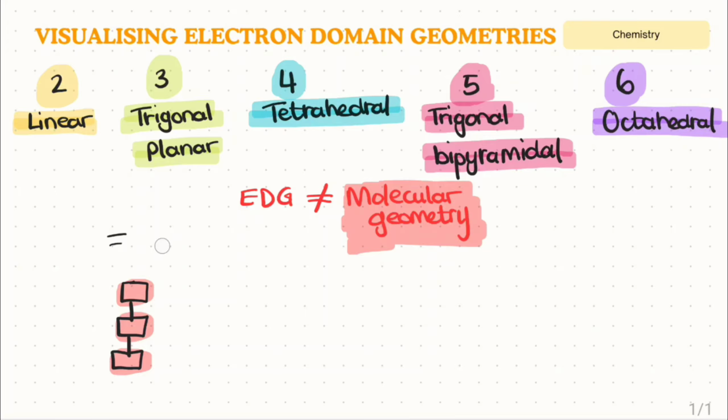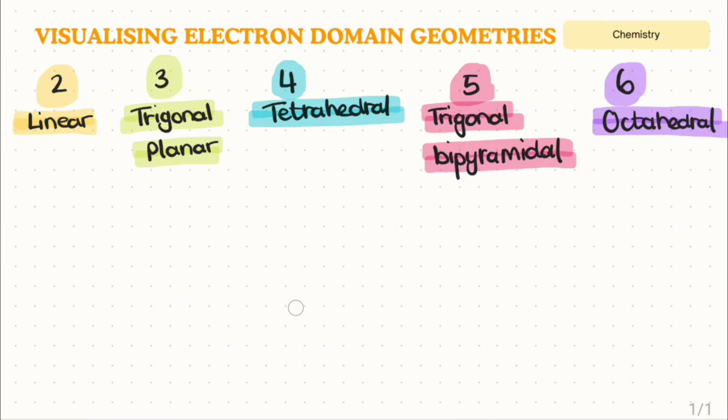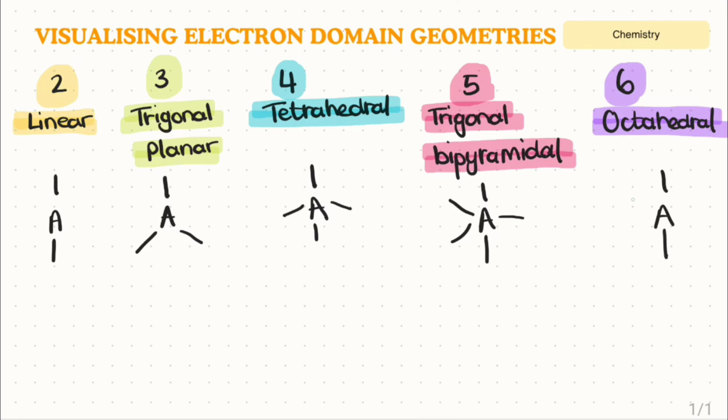So now that we know our specific domains have specific geometry names, I'm also going to show you what they look like in 2D so that you can always remember and then from there work out molecular geometries. So our linear looks like that, trigonal planar looks like that, tetrahedral looks like that, trigonal bipyramidal looks like that, octahedral looks like that.